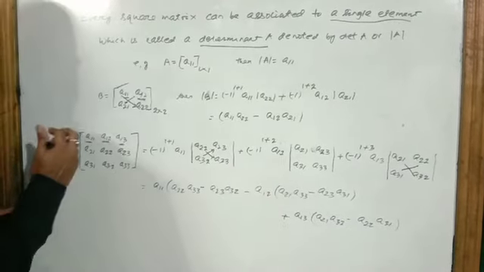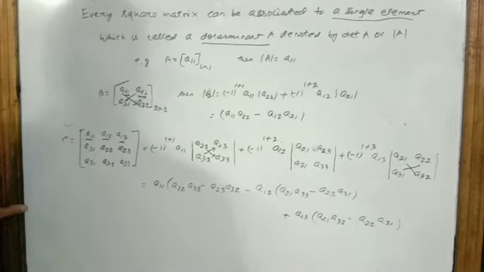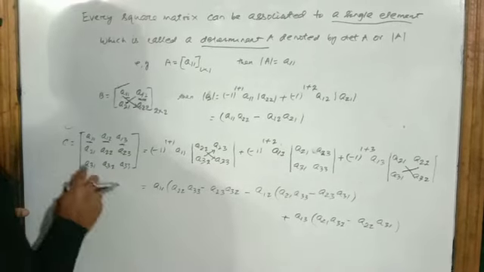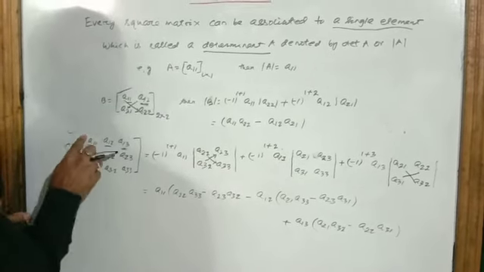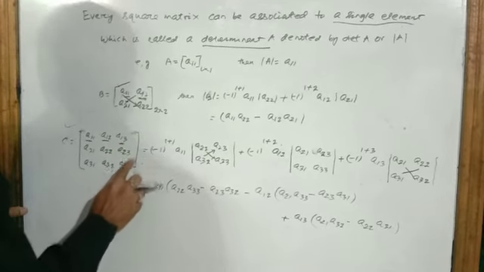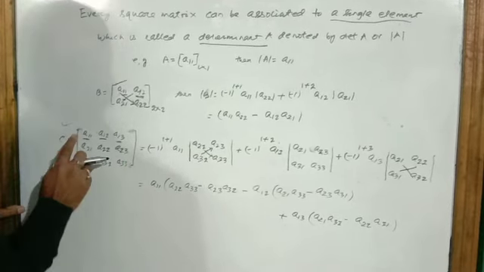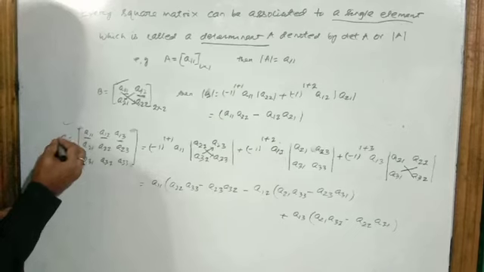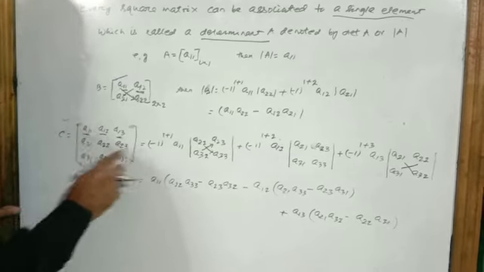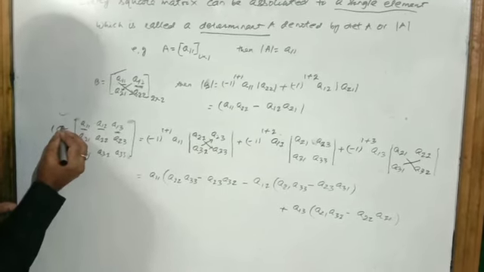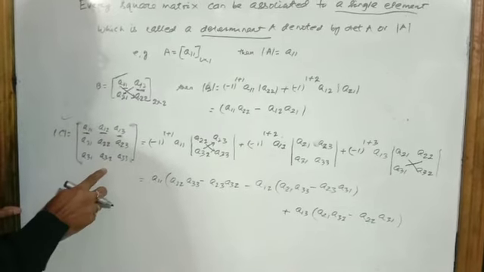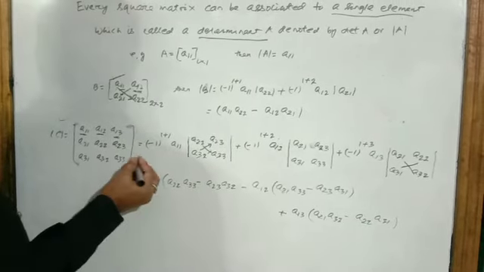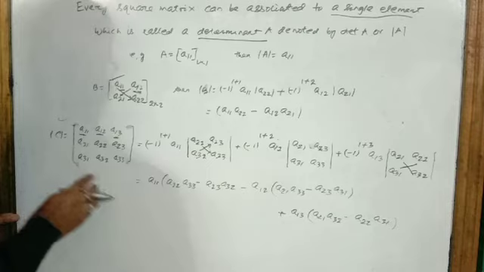So I am extremely sorry, it is determinant of this, not matrix, it is determinant of C. If C is this matrix, then determinant of C means determinant of this 3 cross 3 matrix is defined as this thing.